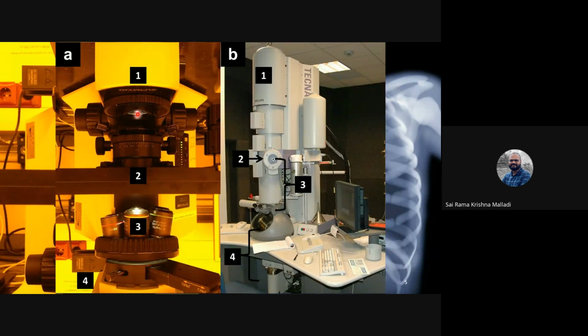In an optical microscope the lenses are glass lenses, and in an electron microscope the lenses are electromagnetic lenses. I'm rushing through the concept here, but just to tell you the construction and the principle, this entire thing is maintained under ultra high vacuum, where the pressures are around 10 to the power minus 6 millibar, or 10 to the power minus 9 torr.